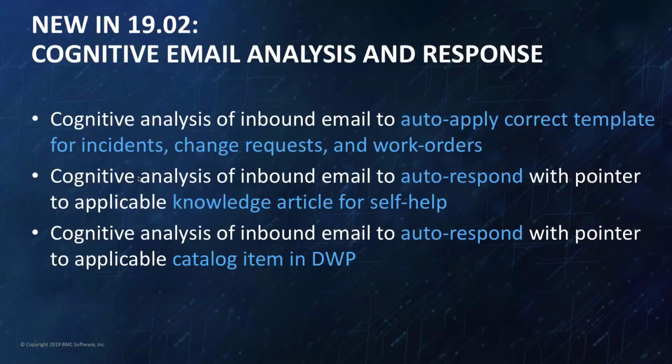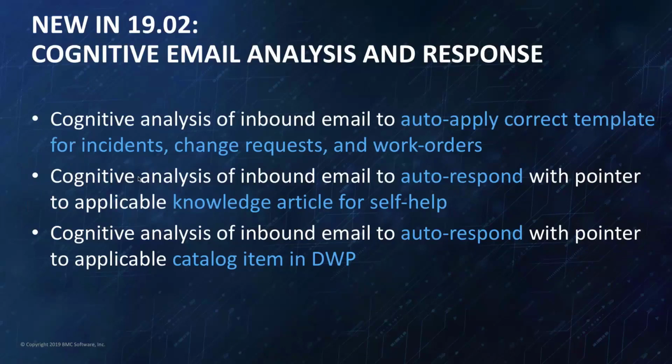Again, we had some of that before. We expanded that now to work order as a new functionality, and it's available now for incidents, change requests, and work orders. But now in this release, we also have implemented an option to auto-respond to the submitter who sent the email with a pointer to a knowledge article or with a pointer to a catalog item.